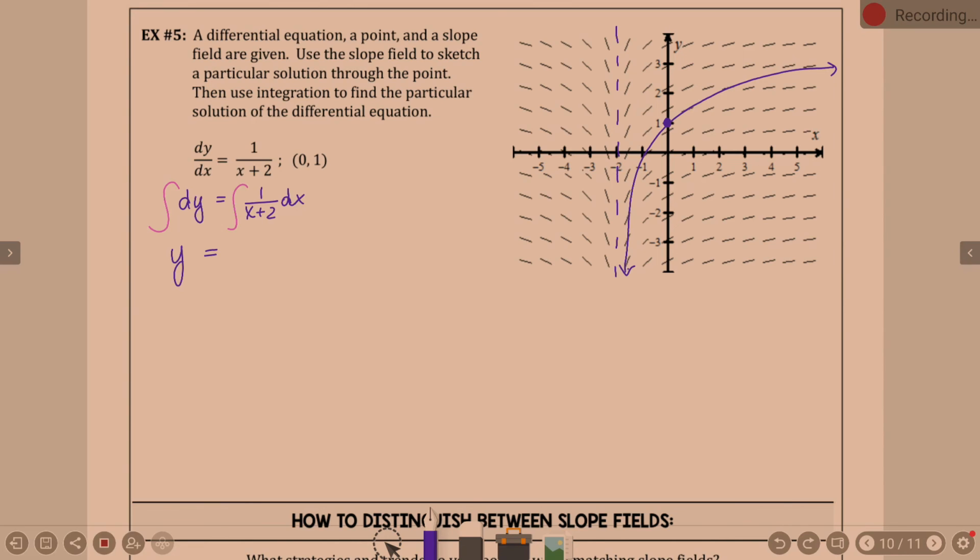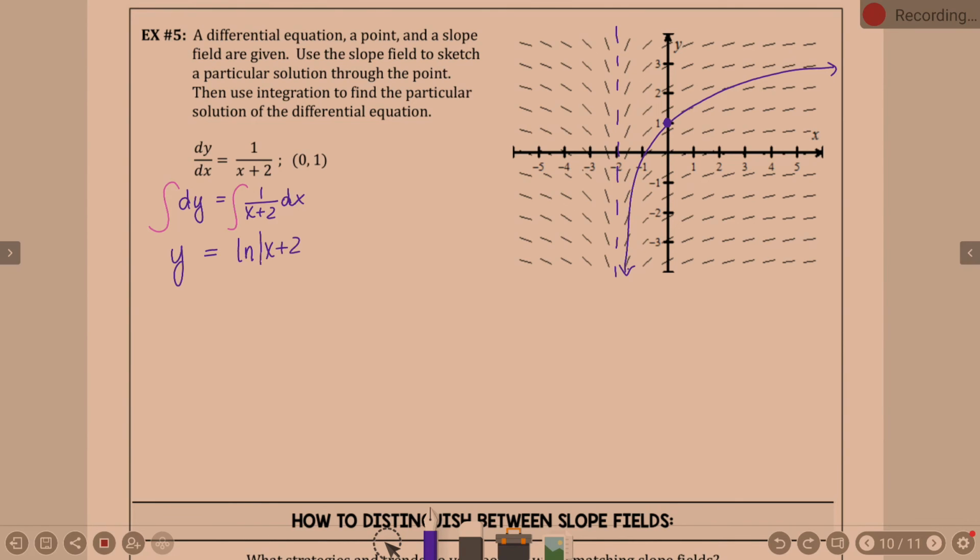What is the natural log? I was just going to say, so what if the plus 2 isn't there? If it's just 1 over x, it's the natural log of x. So what if it's 1 over x plus 2? Natural log of x plus 2.